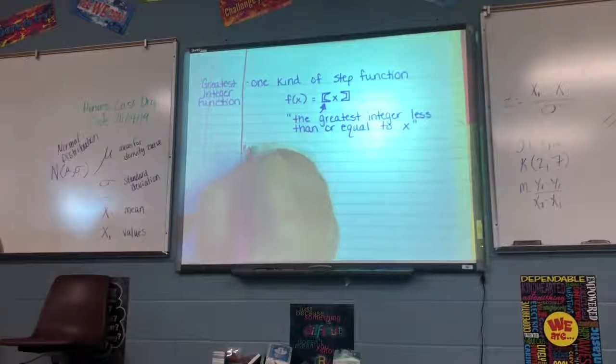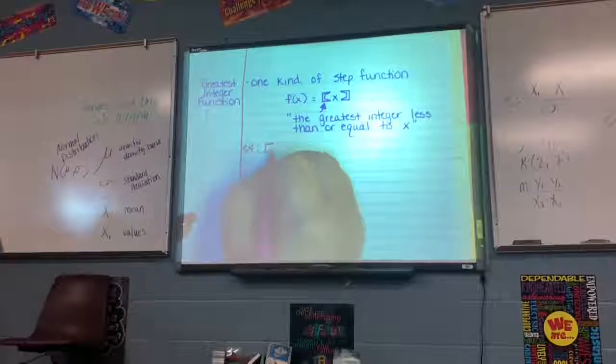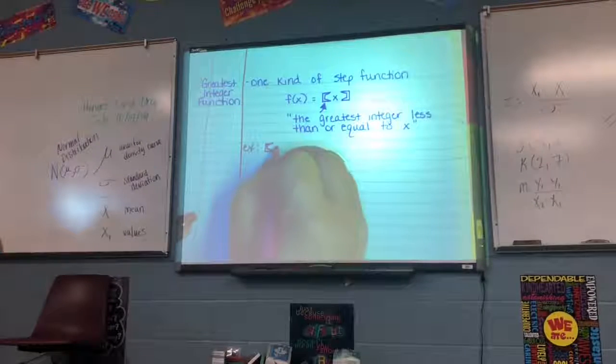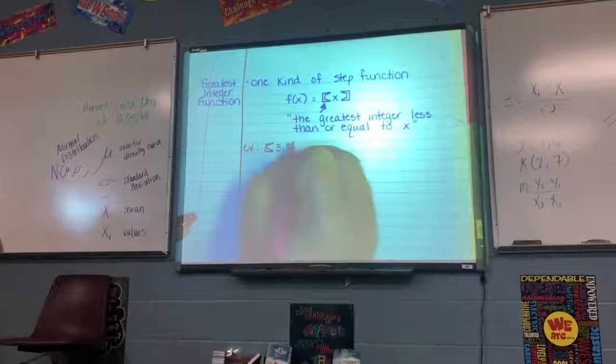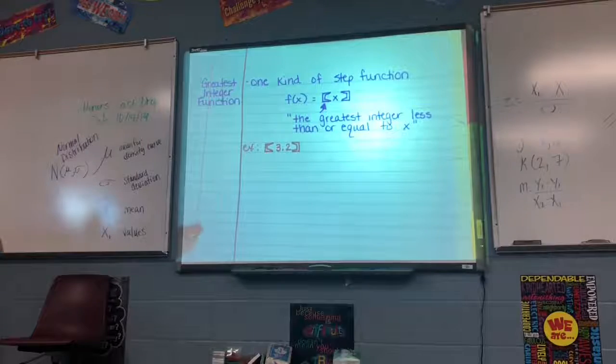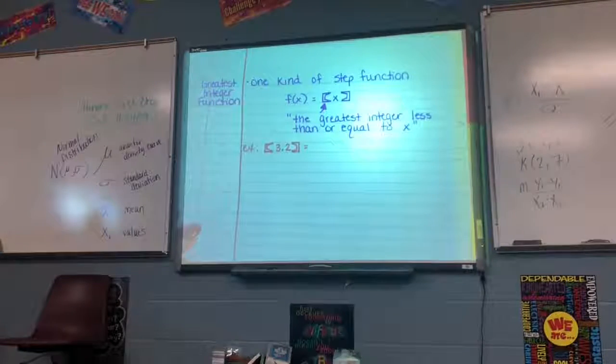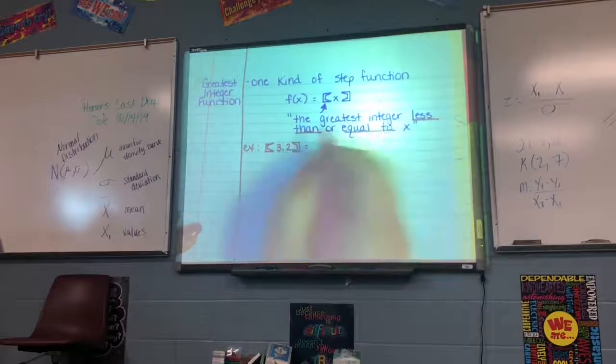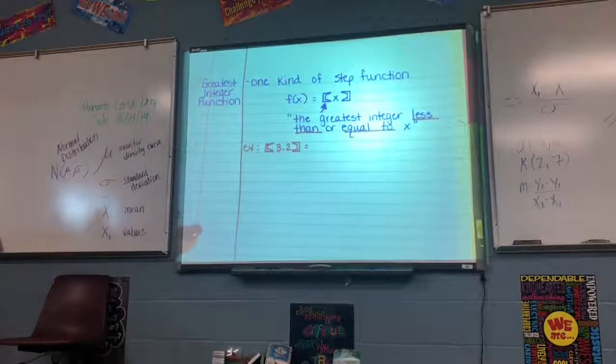So if I ask you for the greatest integer of 3.2, if I ask for you the greatest integer function of 3.2, what integer would it be? 4 or 3. 3.